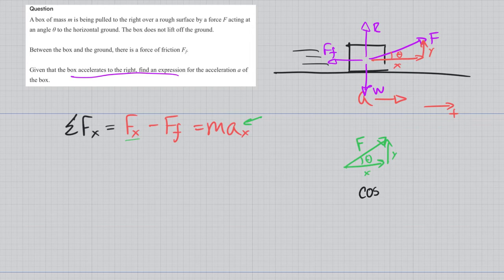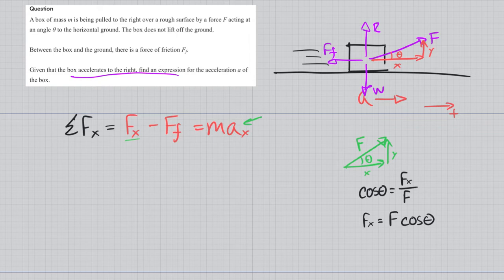So the cosine of theta is going to equal my adjacent, which is F_x, over my pull force, which is F. Solving for F_x, I'm going to multiply each side by the pull force, so that's F cosine theta. That's F_x.